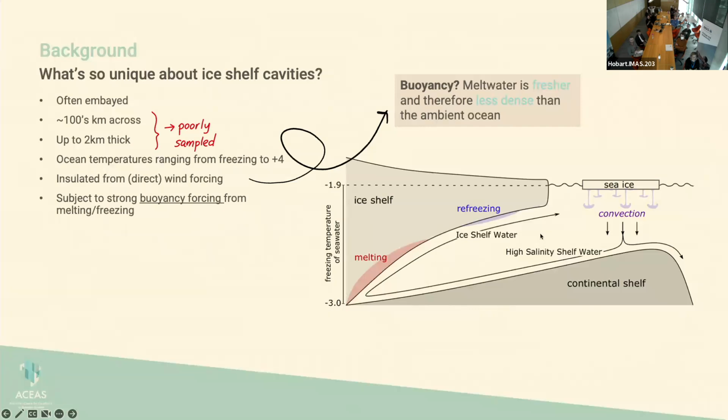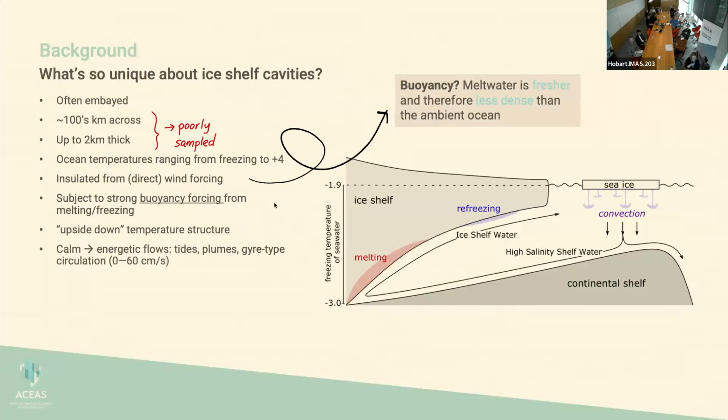So this is a very simplified view, but I guess just to say that the presence of meltwater is a really important driver for the circulation as well. Yeah, this leads to an upside down temperature structure. So we have typically the cold water at the top in the polar regions, which is unconventional as well.